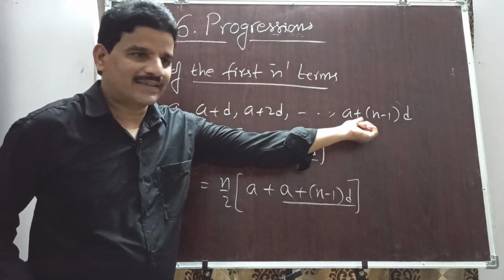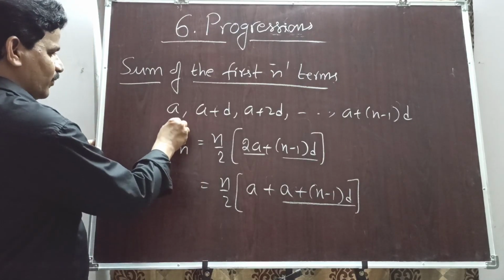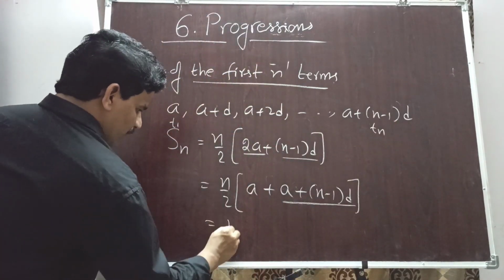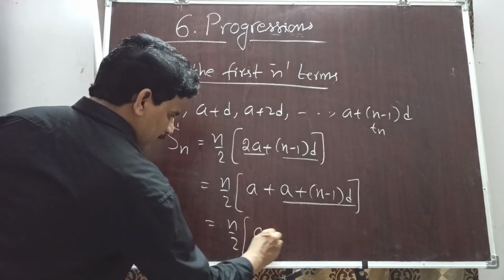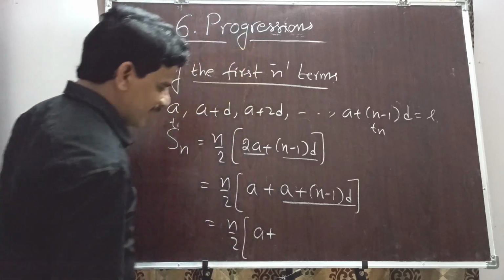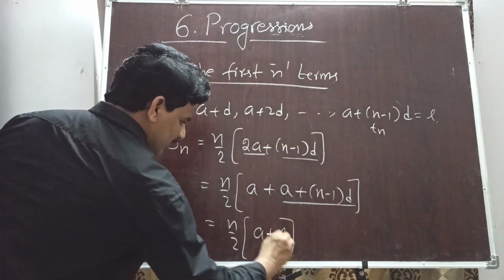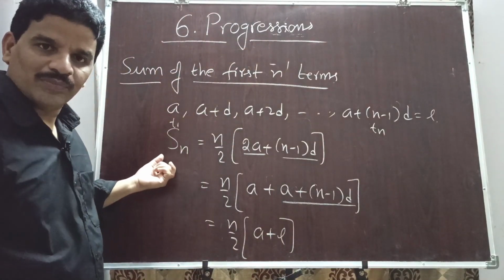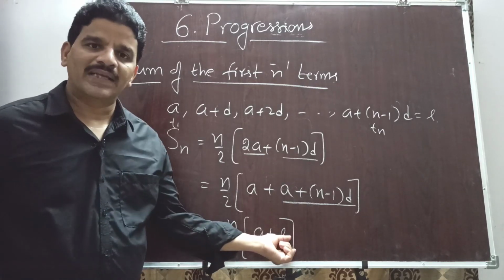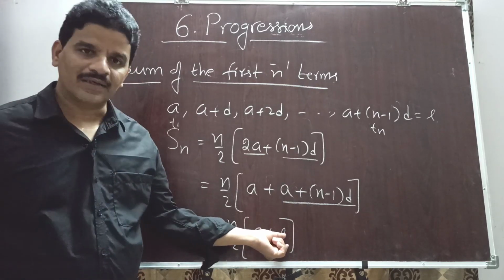This is the nth term. This is the first term t1, this is the nth term tn. So this can also be written as n by 2 into a plus L, where the nth term is represented by L. Therefore Sn, the sum of the first n terms, is n by 2 into a plus L, means first term plus last term.